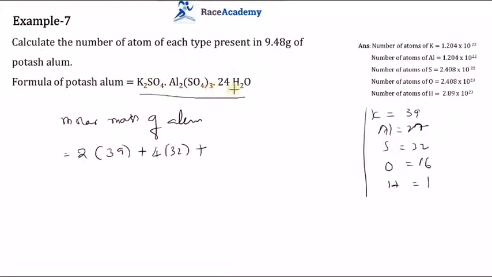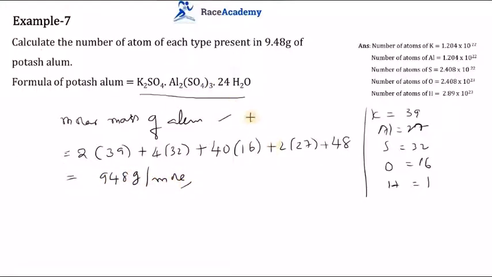So 12 plus 4 is 16 plus 24, total 40. 40 into atomic mass of oxygen 16, plus 2 into aluminum atomic mass 27, plus 24 into 2 is 48 into 1, that is the hydrogens case. After simplification, we get 948 grams per mole as the molar mass of alum.